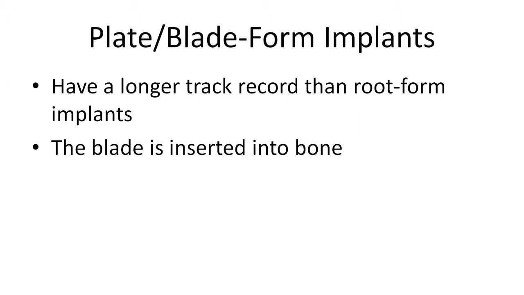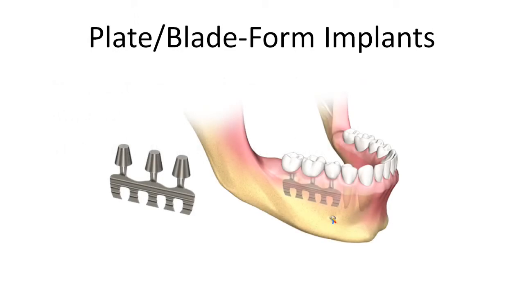And as we know from the history of implant dentistry lecture that I gave earlier, these blade form implants do enjoy a certain amount of success and have been successful in the past and are indeed still available on the market and can be used in patients today. Here's a picture showing what these blades look like.